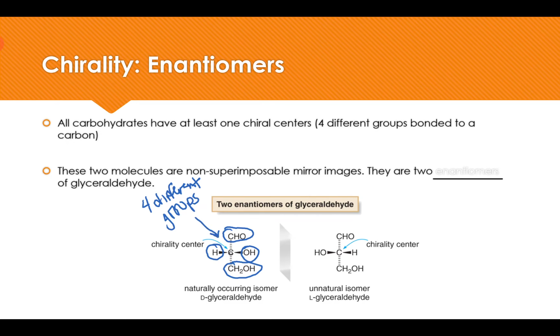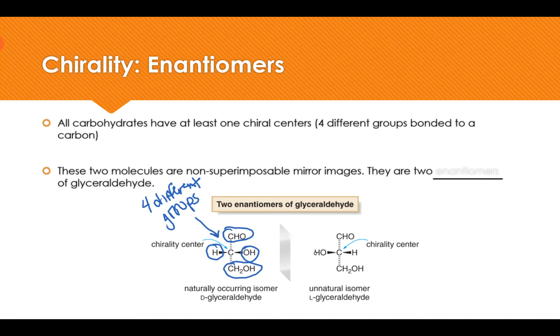And that makes that carbon in the center a chiral center. Anytime you have a chiral center, you can do the mirror image of that molecule, and the mirror image of that molecule will not be superimposable on that molecule.